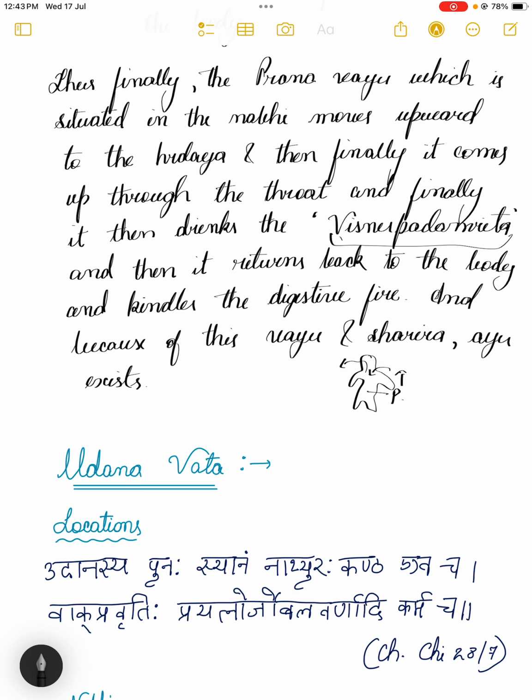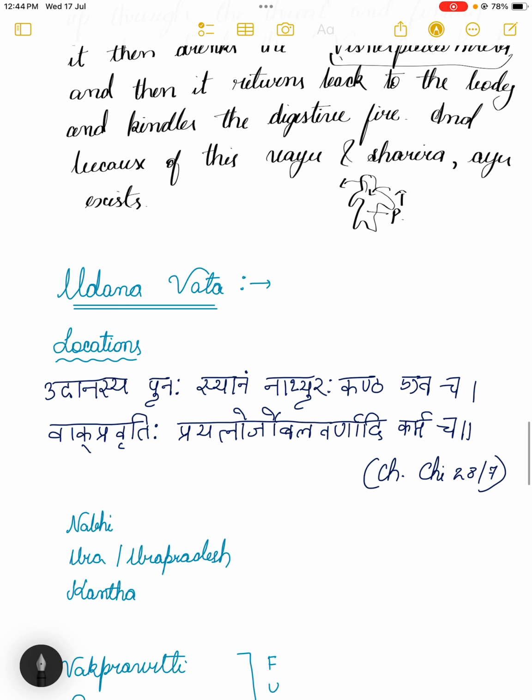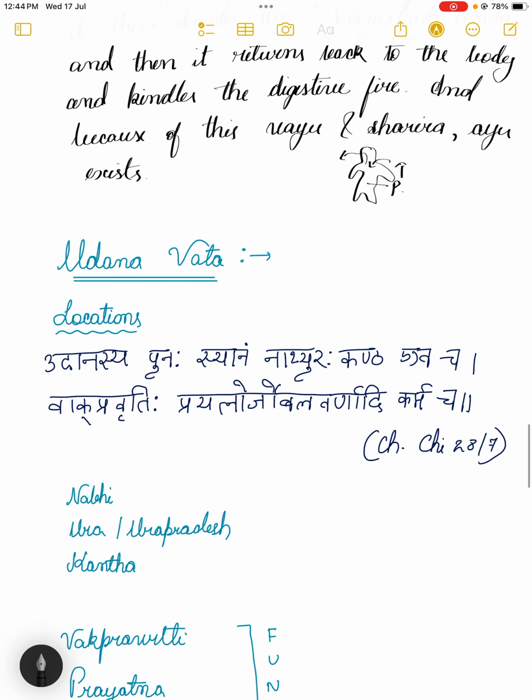Next is the Udan Vayu or Udan Vat. Firstly, Acharya Charak in Chikitsastan has mentioned that Udanasya Punah Sthanam Nabhyu Uraha Kantha Evacha Vak Prabritihi Prayatnorja Vala Varnadi Karma Cha. Now, the locations: Udanasya, Udan Vayu's locations are Punaha, Sthanam, Nabhi, Ura.